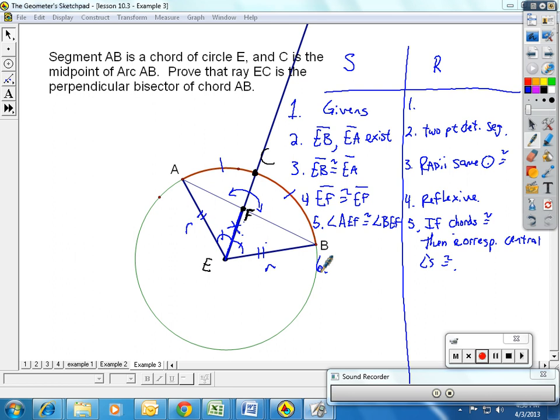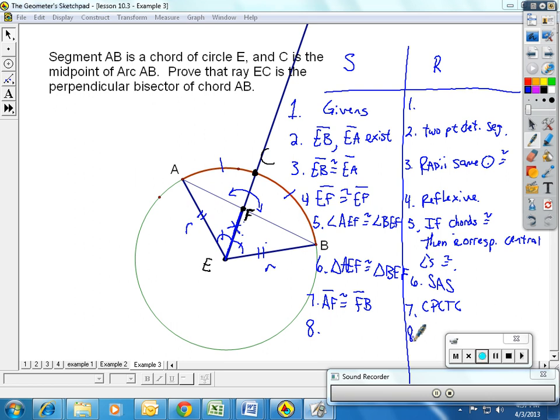Number 6. Now I'm ready to say that I've got congruent triangles. Triangle AEF is congruent to triangle BEF. My reason? Side angle side. Number 7. Now I know that AF must be congruent to FB. Those two must be congruent by CPCTC.